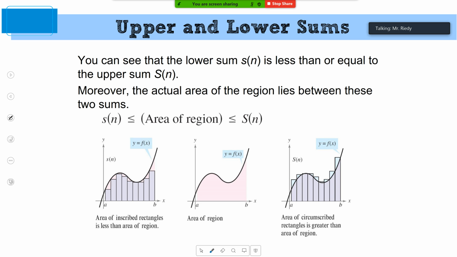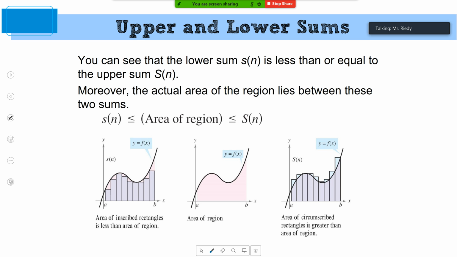Okay, so here's some examples of the two. The middle picture in pink is what we eventually want to work towards. That's the exact area under the curve. And we'll use an integral to get that later. To the left of that is what's called a lower sum. Every one of those rectangles is below the curve. But if you look carefully at them, some of them are left-hand rectangles, some of them are right-hand rectangles.